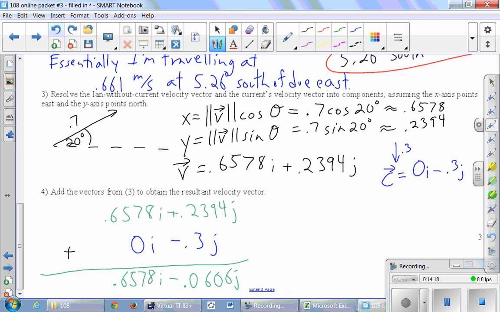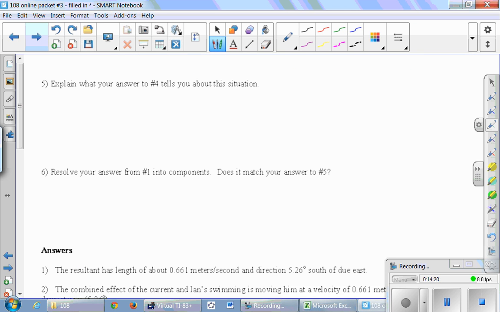And then on the next page, number 5, explain what your answer to number 4 tells you about this situation. So what that means, again, number 4 was the resultant. So my true path is carrying me at the i component, which was 0.658-ish meters per second, and that was positive, which means east.